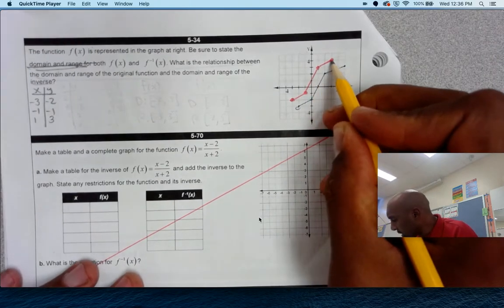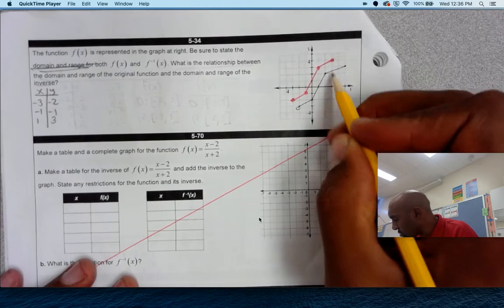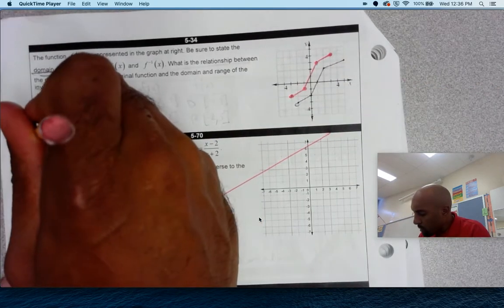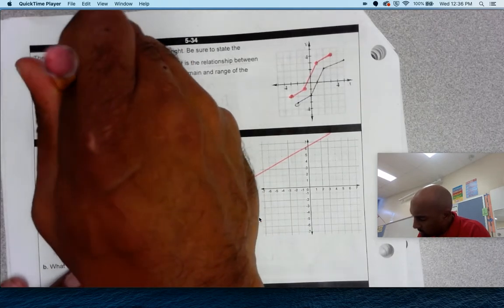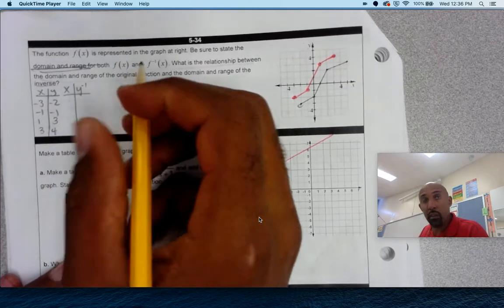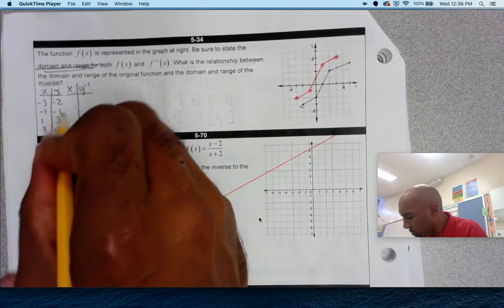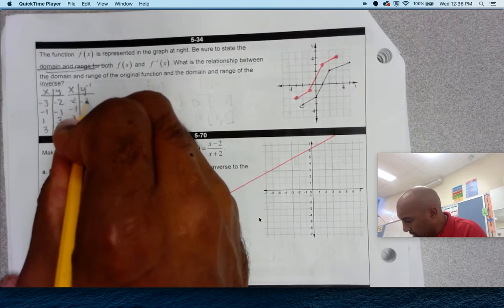That next point here is going to be (3, 4). Now let's do the inverse. Remember we just switched the points all around. So I'm going to take all these y's and put them here, and take all these x's and put them here.